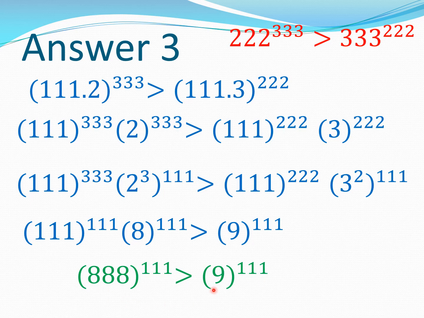Now comparing these two, I obviously understand that since the powers are exactly the same, whatever is inside is going to have a huge impact, and inside here is a much larger value. So since 888 is greater than 9, this particular term on the left hand side is going to be greater than the right hand side. In fact, it's going to be much greater than the right hand side.